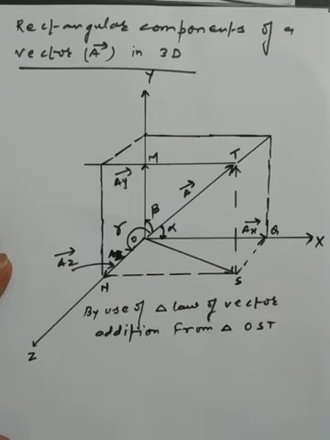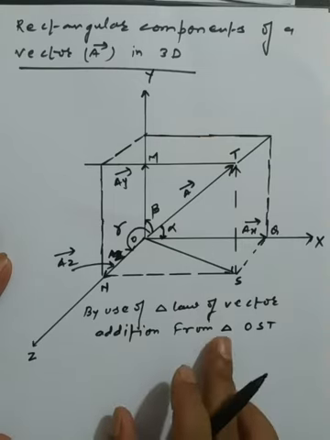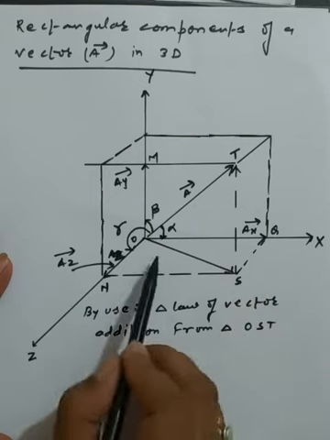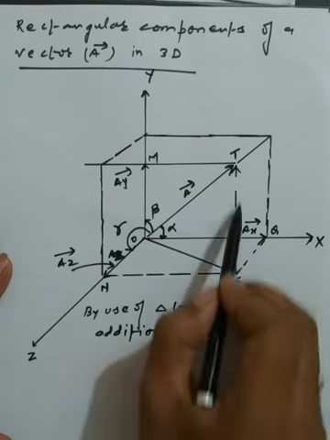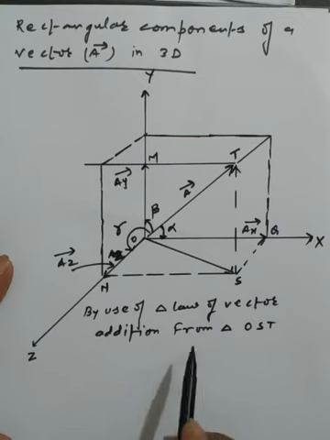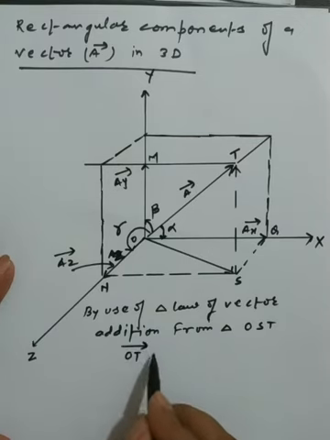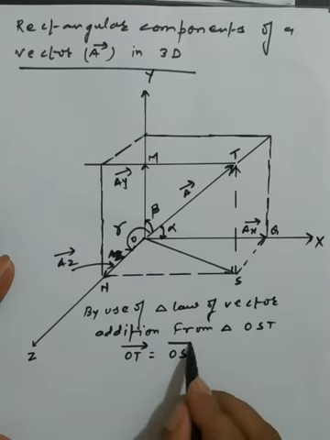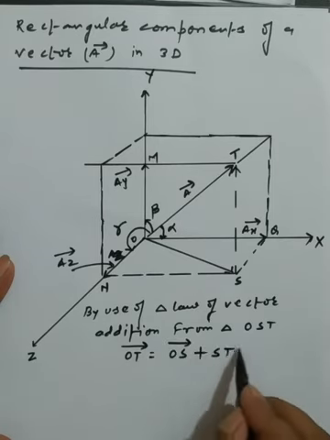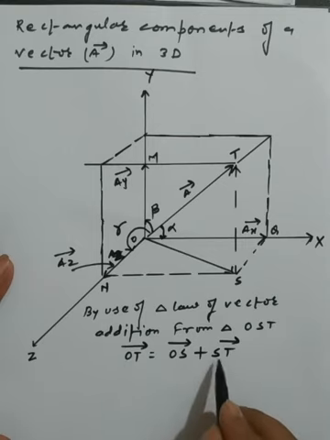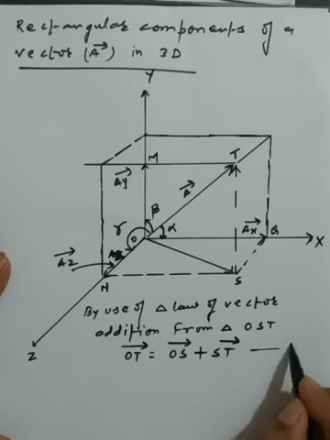Now I am using the triangle law of vector addition in the triangle OST. I am using two sides in the same order and the third side in the opposite order, which makes the resultant. So the OT vector can be stated as the OS vector plus the ST vector. Always remember that we are moving between O and T. I start the movement from O to S, then complete it at T. So this is one of the equations we have.